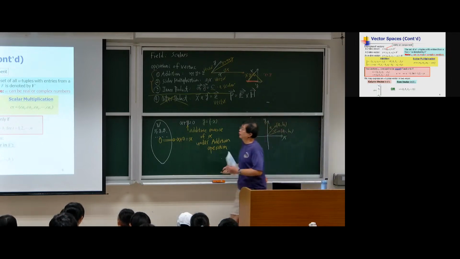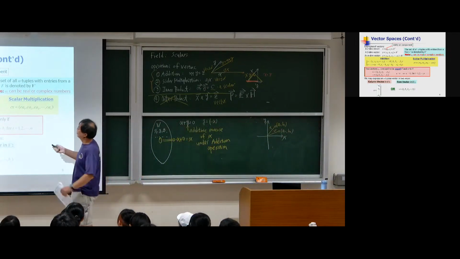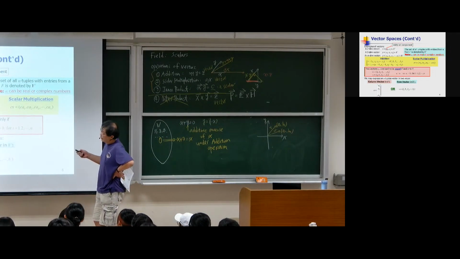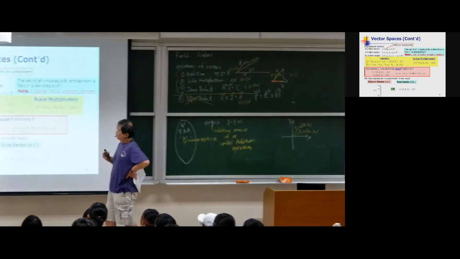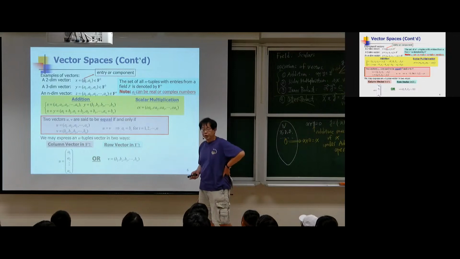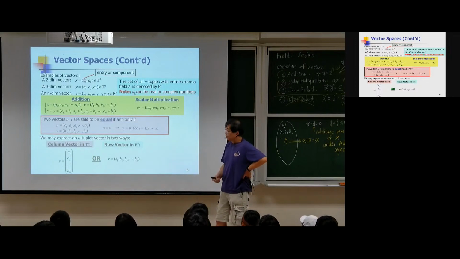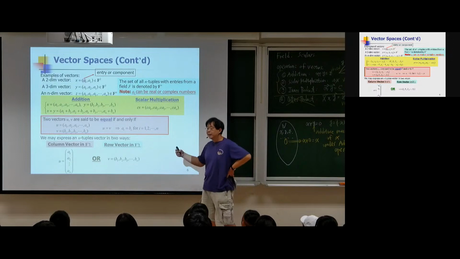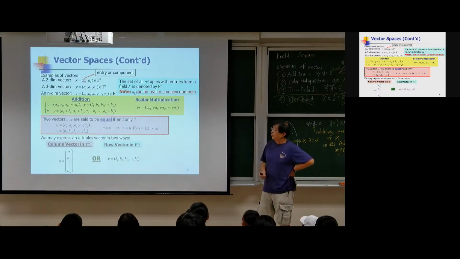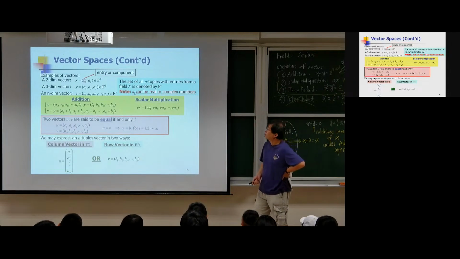So here, for example, I use a1, a2. A two-dimensional vector x equals (a1, a2), and a1, a2 belong to a field. For this field, of course, in geometry, both a1 and a2 are real numbers. But in many other applications, a1, a2 can be complex numbers, especially in the convolution theorem.